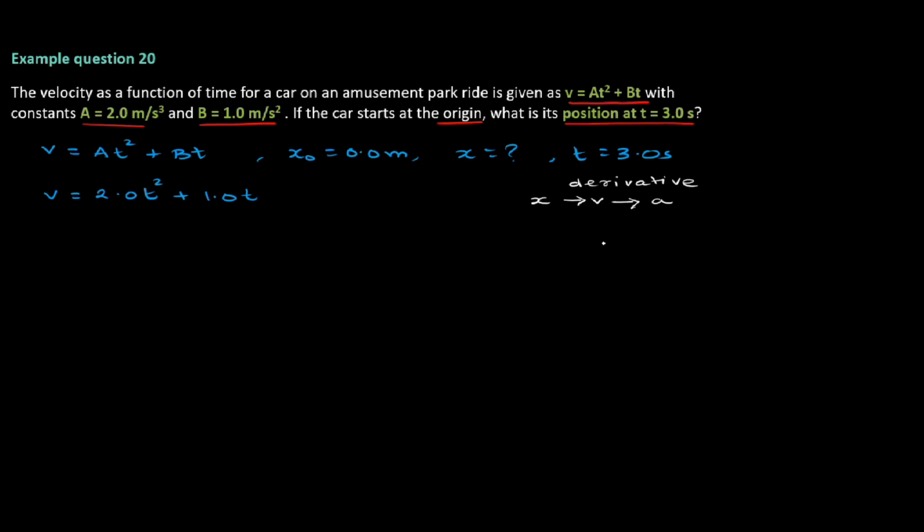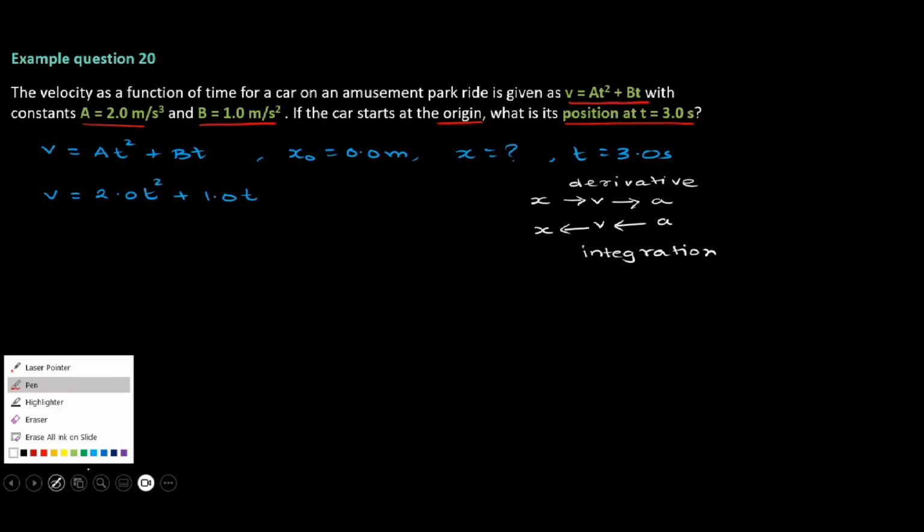But when you have to go the opposite way, from acceleration to velocity, or from velocity to position function, then you do integration. So if I have the velocity function as given in the question and I want to find position from it, I have to integrate the velocity values to find x. So that is what I'm going to do here.